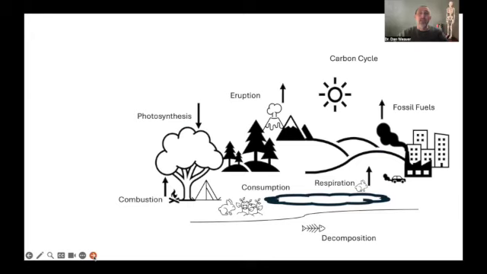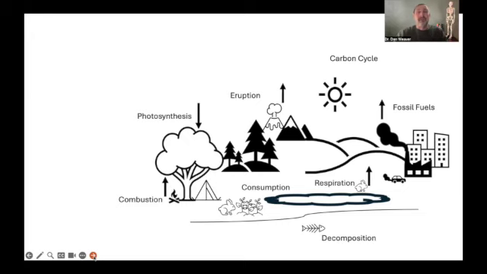Other nutrients also have a cycle, like the carbon cycle, where carbon in the atmosphere has to be captured by plants through the process of photosynthesis. And then that carbon becomes a sugar molecule, which is eaten by things like the rabbit. Then the rabbit dies and releases that carbon into the soil through things like decomposition.